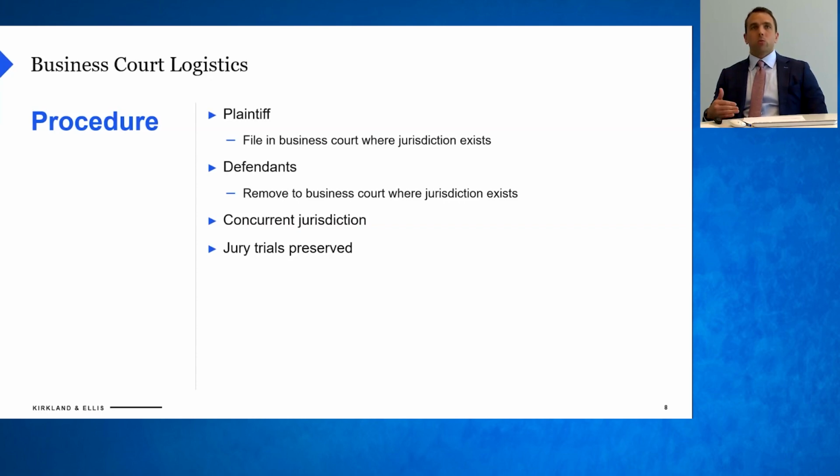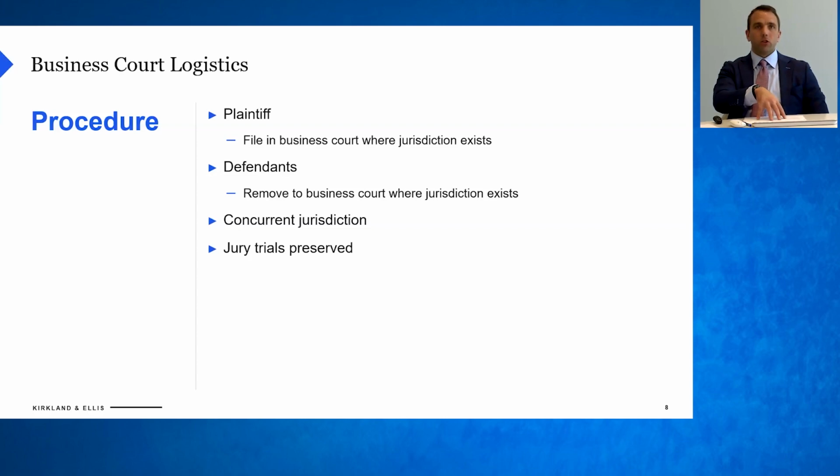Now, the business courts will have concurrent jurisdiction with courts of general jurisdiction. And what I mean by that is that just because the legislature created these courts and gave them jurisdiction over the kinds of complex disputes that I described, it hasn't taken away jurisdiction from your courts of general jurisdiction.